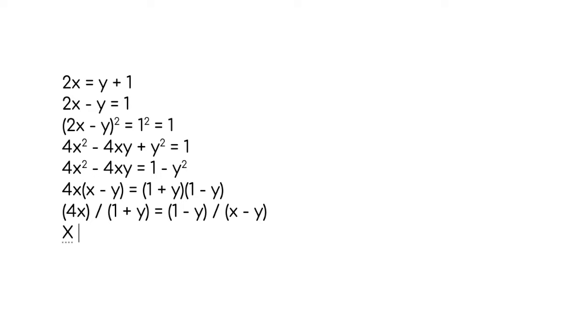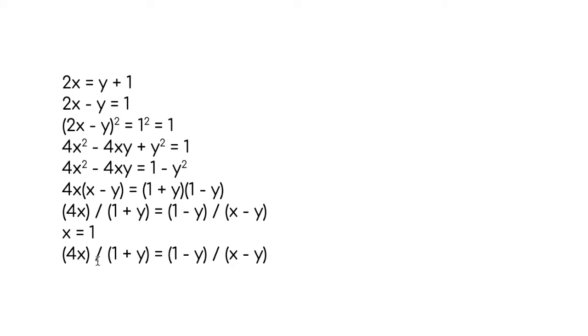So let's set x equals 0. So no, x equals 1. Then we're going to make the equation into 4x divided by 1 plus y equals 1 minus y over x minus y. I haven't substituted the x yet.